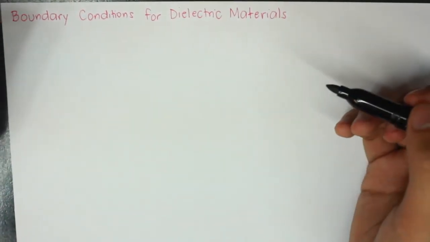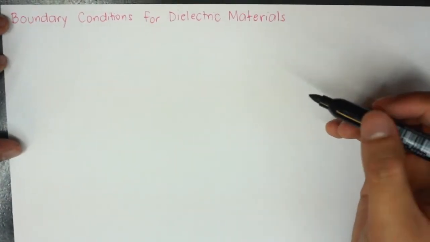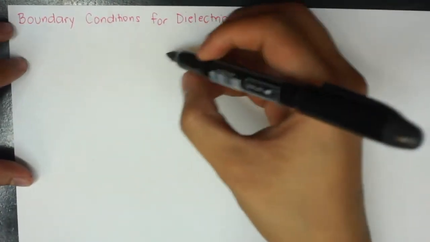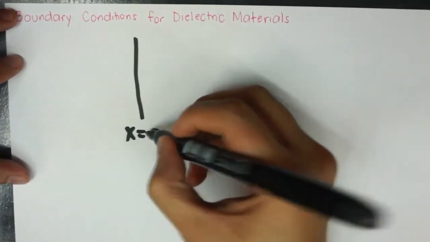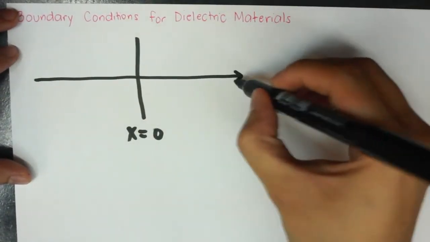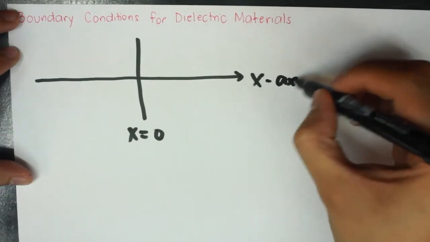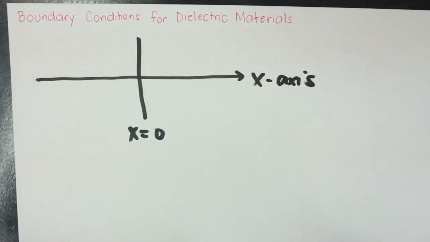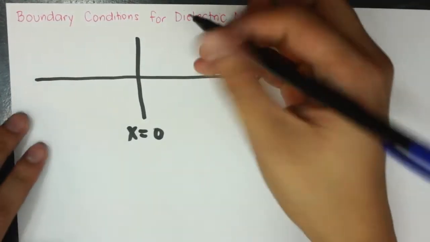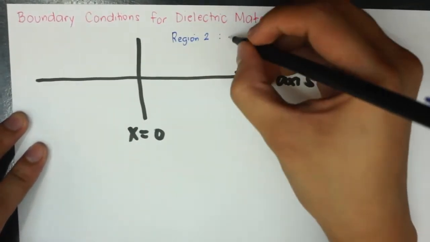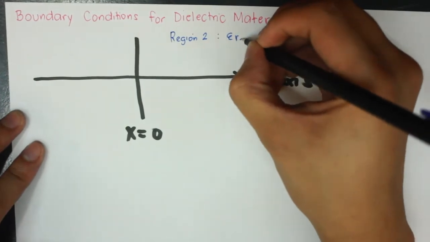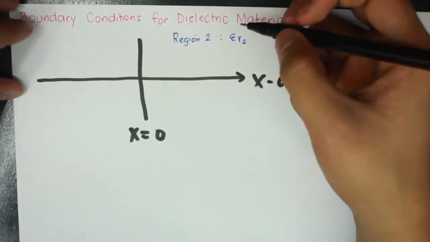So now, the boundary conditions for dielectric material says that with respect to the boundary, based on our problem, let's say this is x equals 0. This is the x-axis. Then this is region 2, given a relative permittivity epsilon r sub 2.